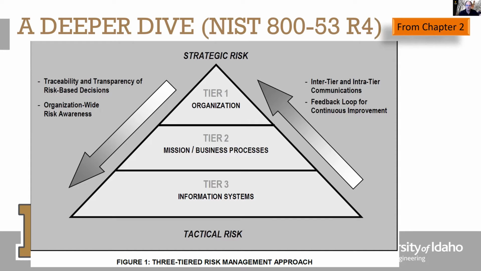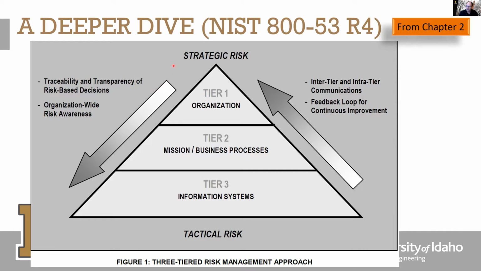It's security and privacy controls for federal information systems and organizations. It is for unclassified systems in general. So they have a risk management strategy where tier 1 is the organizational level. Tier 2 is specific business processes or mission processes. It's things we need to accomplish certain things. And then tier 3 is the information systems that support that.